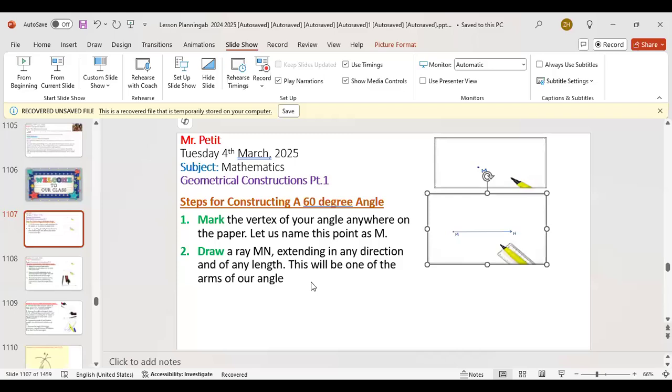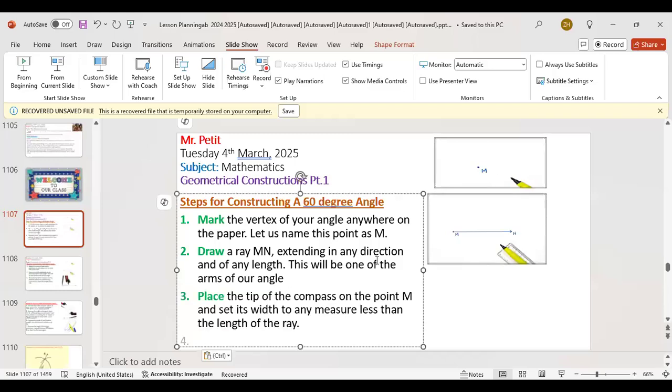So the third thing that we're going to do is take the compass and place it on the vertex at M, and adjust it to a length less than the length of the ray. Of any length. You don't want to overdo it, right? But of any length.